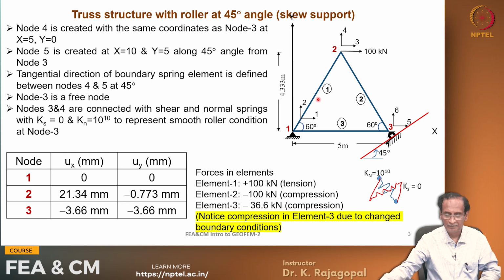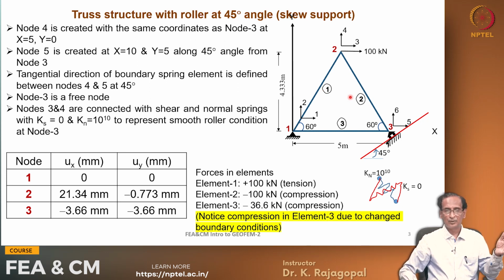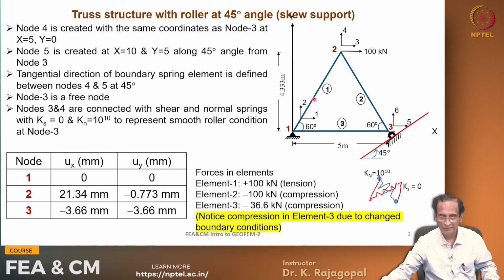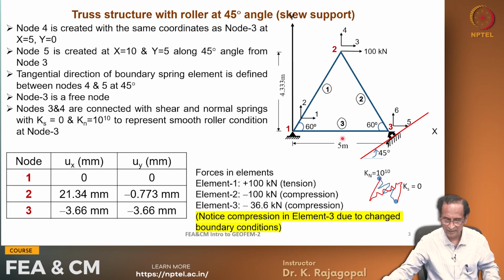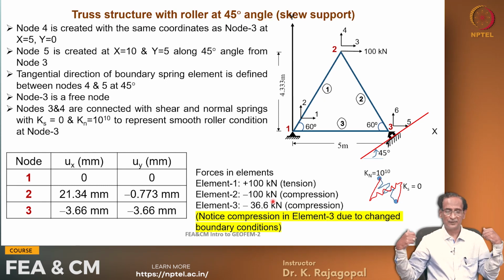And when we calculate the element forces, we see that both element 1 and 2 have the same forces. Element 1 has a tensile force of 100 and element 2 has a compression force of 100. And then element 3, previously it had a tensile force of 50.